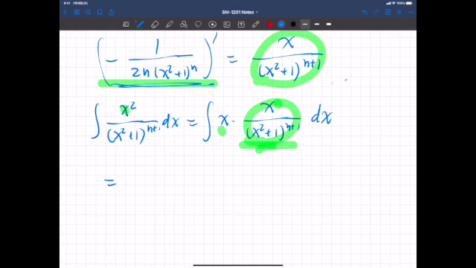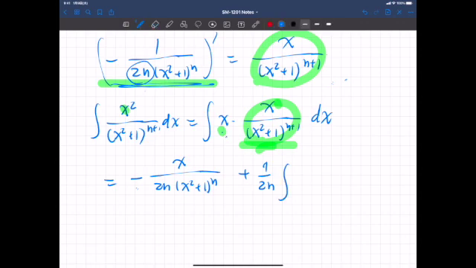We should have negative x times this one, negative 1 over 2n times (x squared plus 1) to the power of n. And since the negative sign is here, we have a positive sign here. And that will be 1 over 2n coming from here, and the integral.